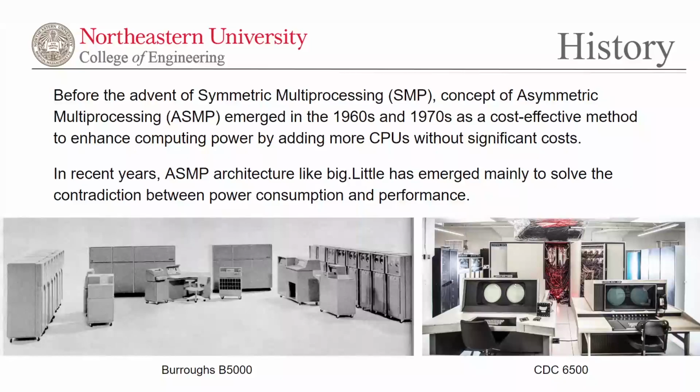Since then, symmetric multiprocessing (SMP) has become the mainstream choice. However, in the past decades, in order to solve the contradiction between power consumption and performance in mobile platforms and data center applications, the concept of asymmetric multiprocessing has once again received attention.